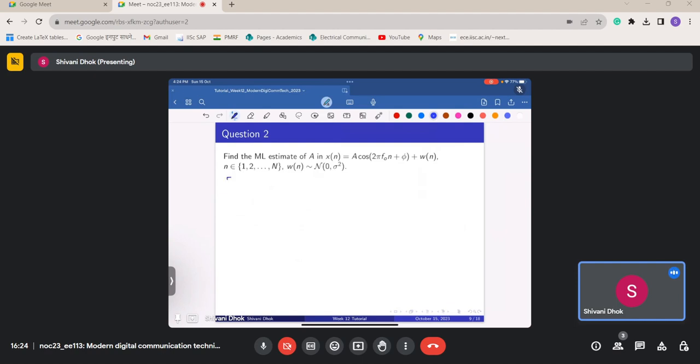Basically, what do we have? We have this vector x, which is x1, x2 and so on till xN.